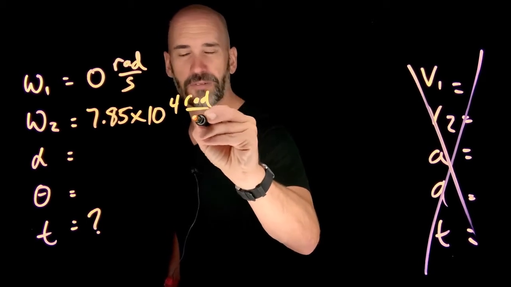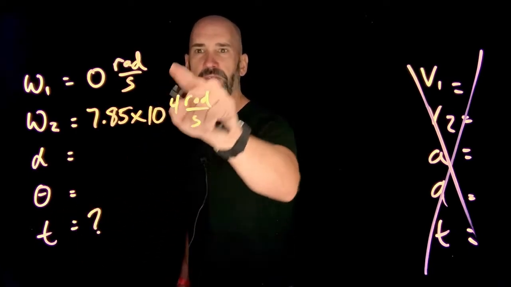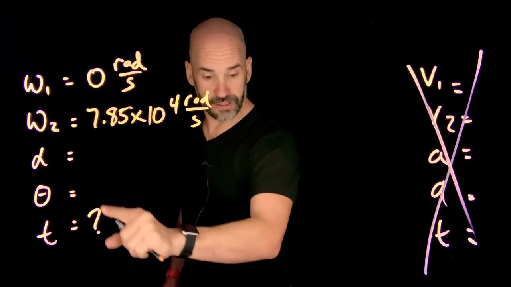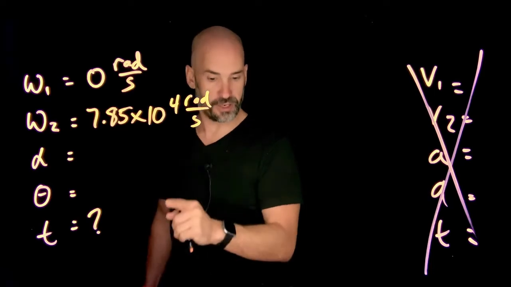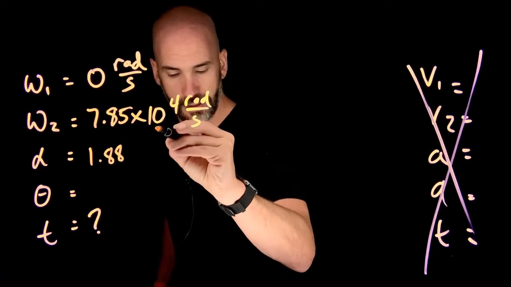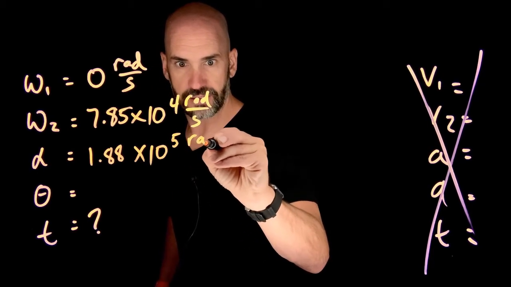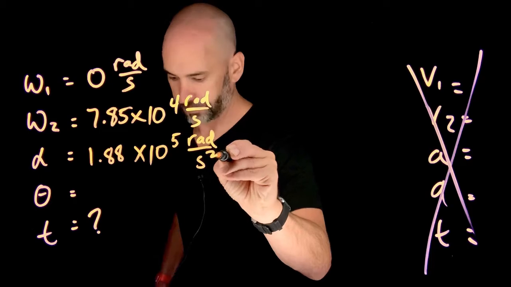So again, you don't need the first two values, because really what the question is asking is for the time to get from rest to this, assuming an angular acceleration of 1.88 times 10 to the 5 radians per second squared.